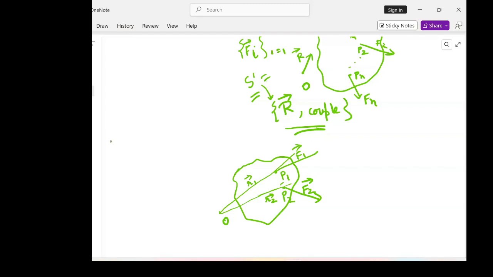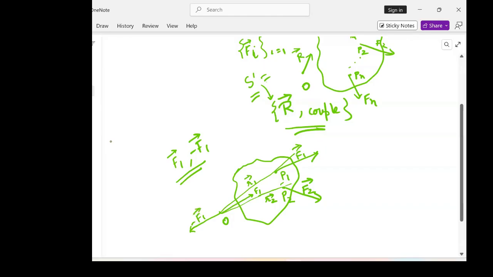Now what we do is insert two forces, F1 and minus F1, at the same point, the base point. So this was your F1. Let me introduce these two forces: this is F1 and this is minus F1 at the same point.